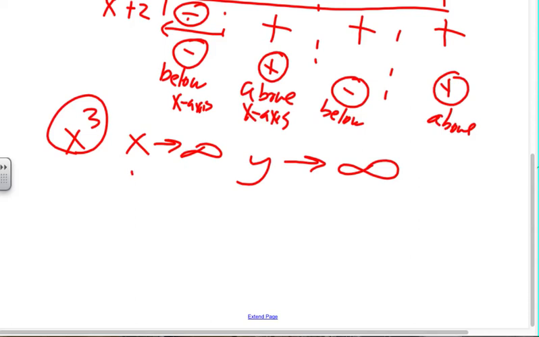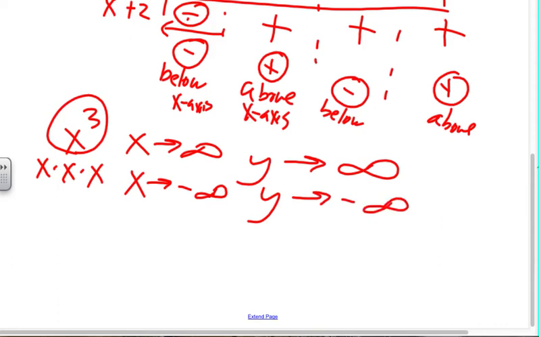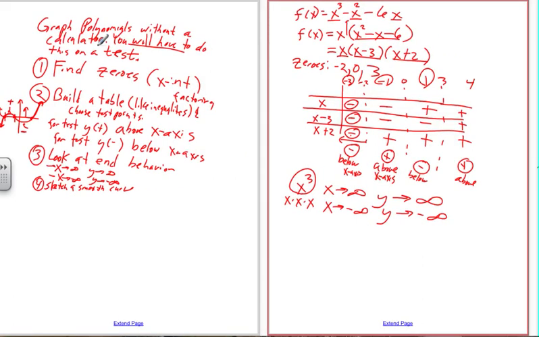As x gets very big in the negative direction, remember x cubed is x times x times x. So negative times a negative is a positive, times another negative. So y will also go to negative infinity. So at this point now, we've got where our behavior is and how it looks. So now let's start to actually sketch this thing.